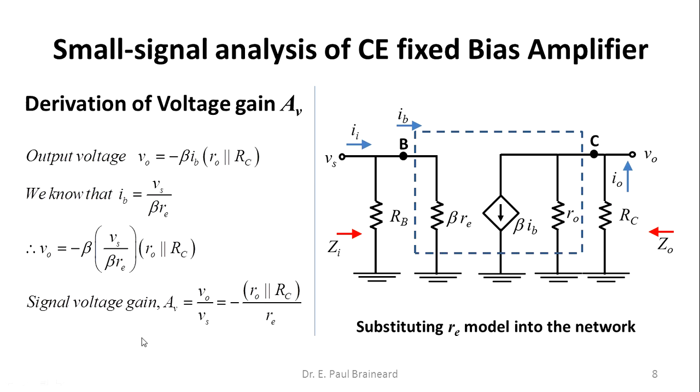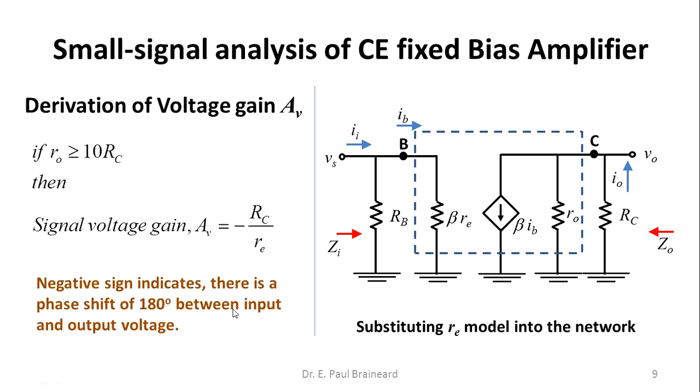Now, the signal voltage gain is nothing but the ratio of output voltage to input voltage Vs. Therefore, Av equals Vo by Vs, which is nothing but the parallel combination of ro and RC divided by re, with a negative sign. If ro is greater than or equal to 10 times RC, then the signal voltage gain Av is approximately equal to minus RC by re.